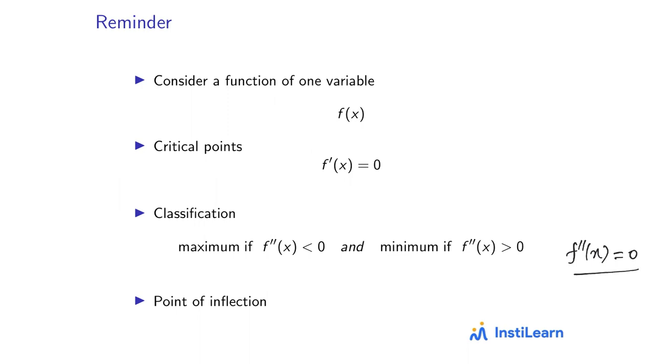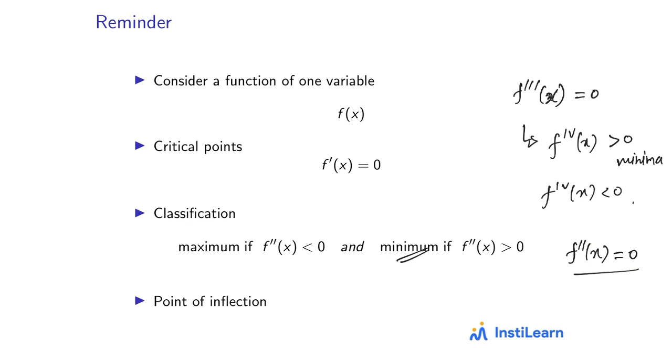In that case we usually find the value of f triple prime x. Okay, and if it is 0, then if f fourth prime x is positive, then it's a point of minima, and if it is negative, then we say it is a point of maximum.